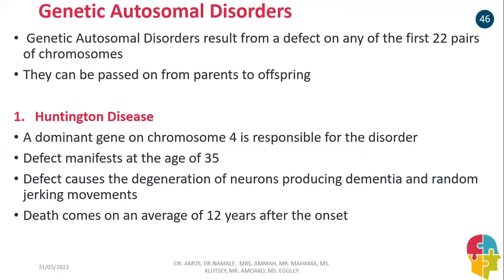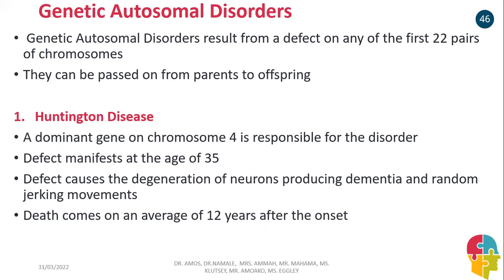Now, what happens in Huntington? We have degeneration of neurons. When we say a neuron is degenerating, we're saying that the neurons are dying off, and so it produces dementia. Dementia is characterized by a sharp decline in cognitive abilities.